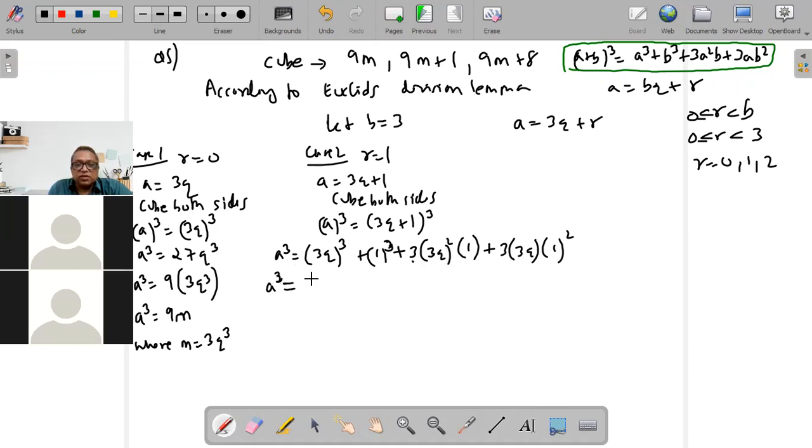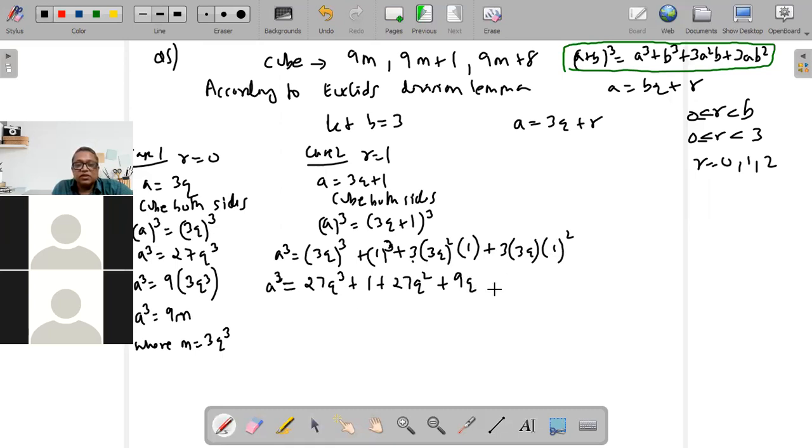Now when I solve this, 3 cube: 3 into 3 is 9, 9 into 3 is 27. So 27 q cube, 1 cube is just 1, 3 square is 9, 9 into 3 is 27, so 27 q square. And lastly, 3 into 3q is 9q, 9q into 1 is 9q.